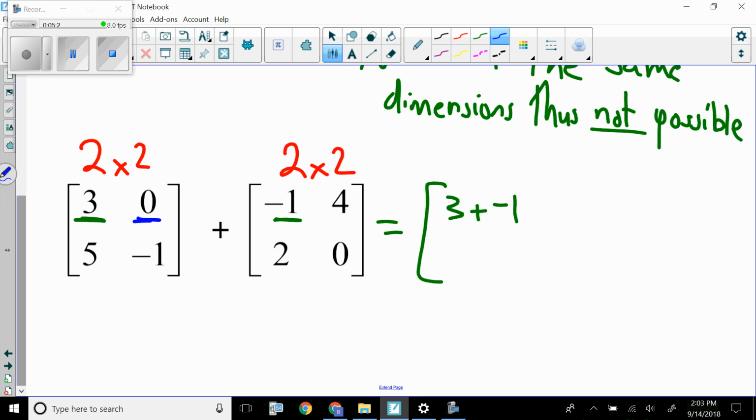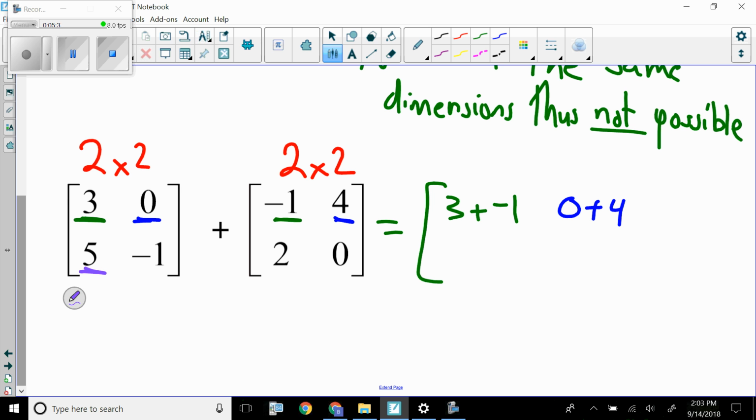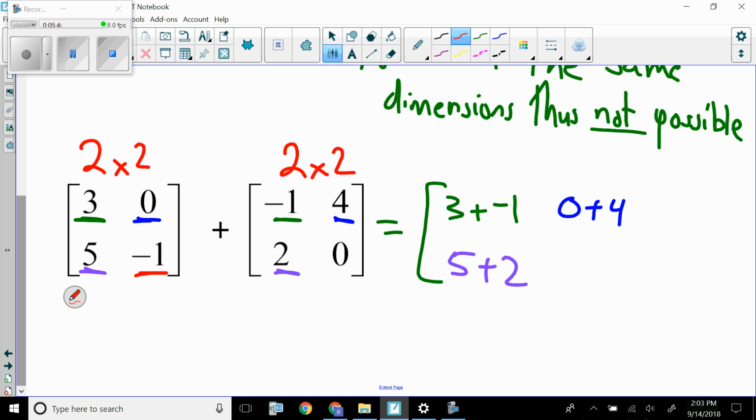I have the 0 and the 4, that is 0 plus 4. Five and 2, that's 5 plus 2. And -1 and 0, that's -1 plus 0.